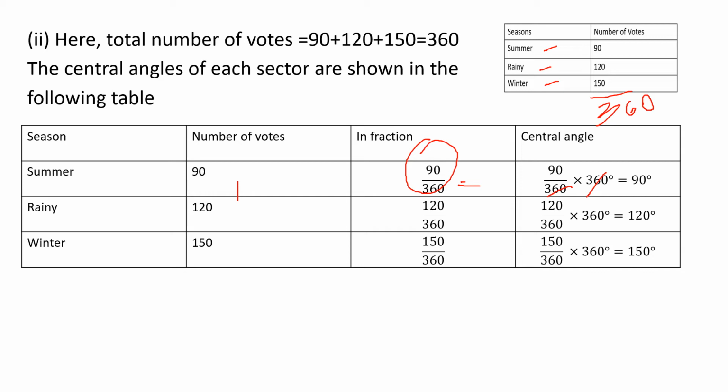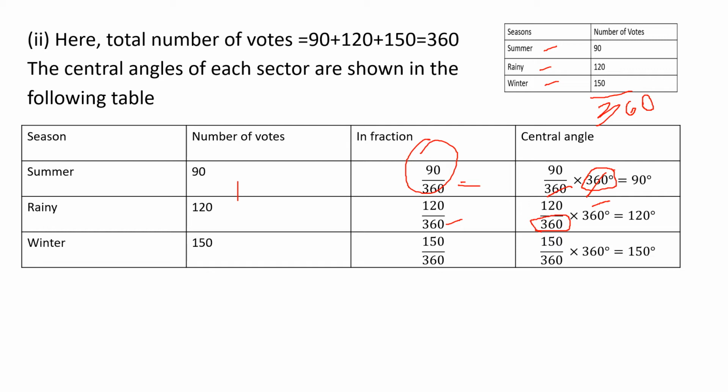So rainy, what is the total number of votes? 360, and from that 120 for rainy. Like that, write down the fraction part. Next one, central angle. So 90 degree by 360 into what is this 360, children? Do you remember in the last class I said what is the total angle for a circle? 360 degrees. That 360 is this one. This denominator part is the total.